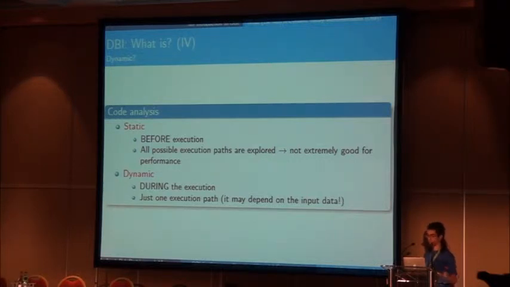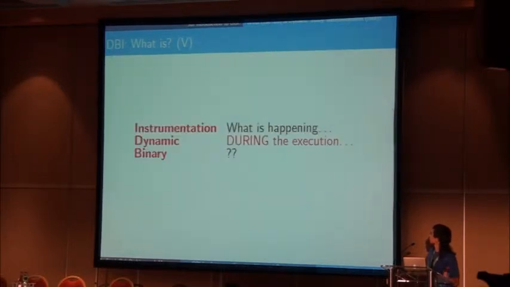Dynamic, however, is done during the execution. In this case, you only analyze one execution path. This path may depend on the input data given by the user. So dynamic means that we are doing everything during the execution.